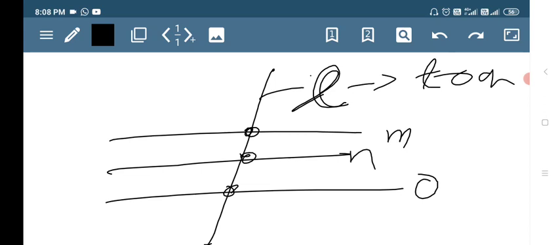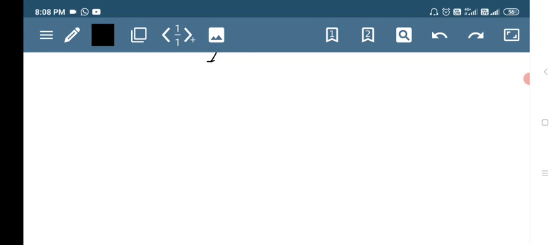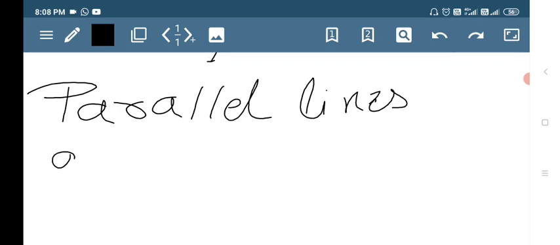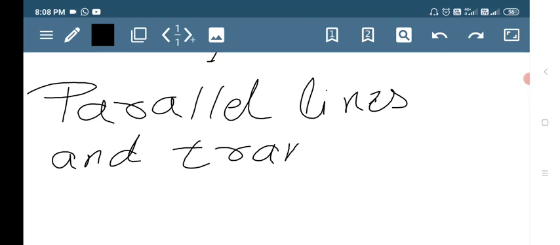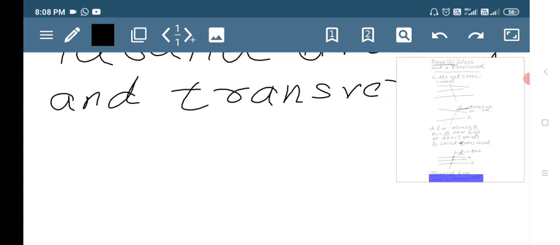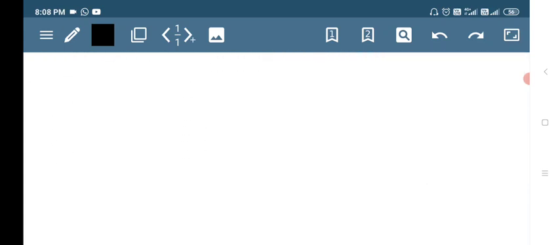Okay. So now let us understand parallel lines and transversal. If you understood the above concept, now parallel lines and a transversal is very easy. What is parallel lines and transversal?